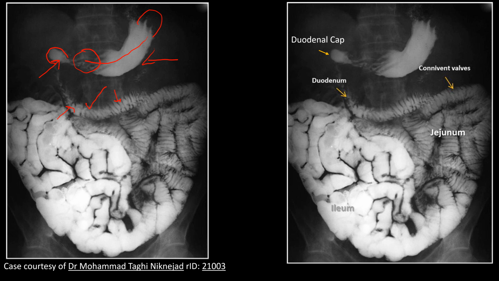The circular folds are also known as valvulae conniventes. These valves start appearing after the duodenum, continue in the jejunum, and reduce in number as they go towards the ileum.